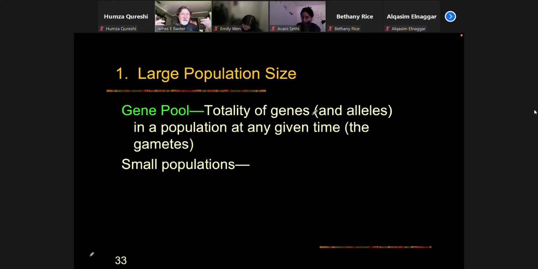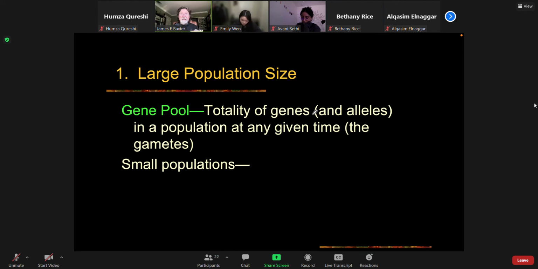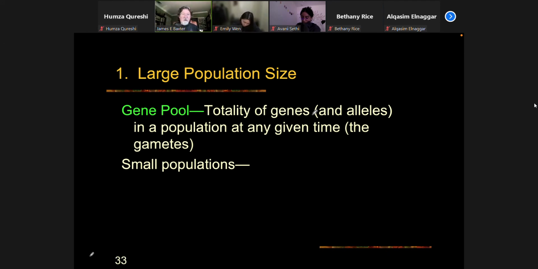Sperm and eggs come together to form the next population, and this is based on just probability of meeting together, following the rules of probability, just like tossing a coin. So 50%, 50%.